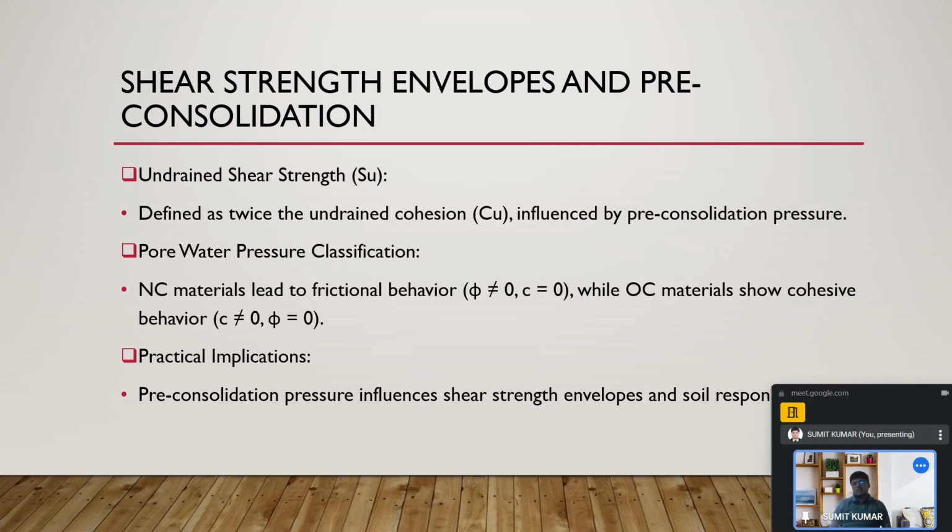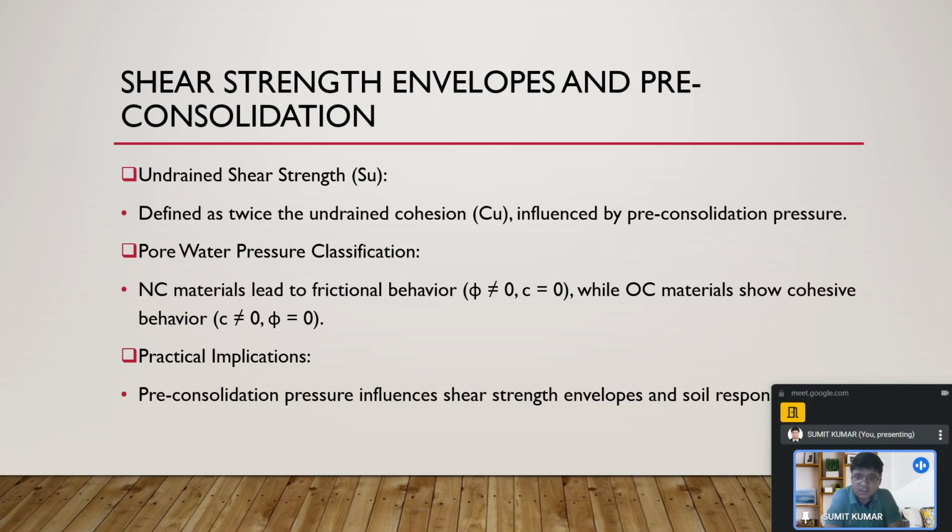When we talk about the shear strength envelope and the pre-consolidation, the undrained shear strength Su is defined as twice the undrained cohesion, influenced by the pre-consolidation pressure. This is the interrelation we are stating, along with the pore water pressure classification. NC material leads to frictional behavior, phi is not equal to 0 and C is equal to 0, while OC materials show cohesive behavior where C is not equal to 0 and phi is equal to 0.